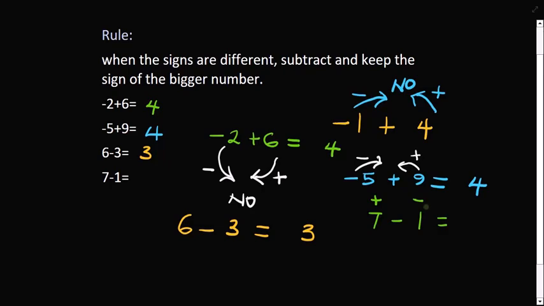When the signs are different, you subtract, and we always have to use the bigger number to subtract. Here 7 is the bigger number, so 7 minus 1 is 6, and we'll keep the sign of the bigger number. The bigger number here is 7, and the sign of 7 is positive, but we do not need to write plus, because when the number is just written like that, it is a positive number. So here we have 6.